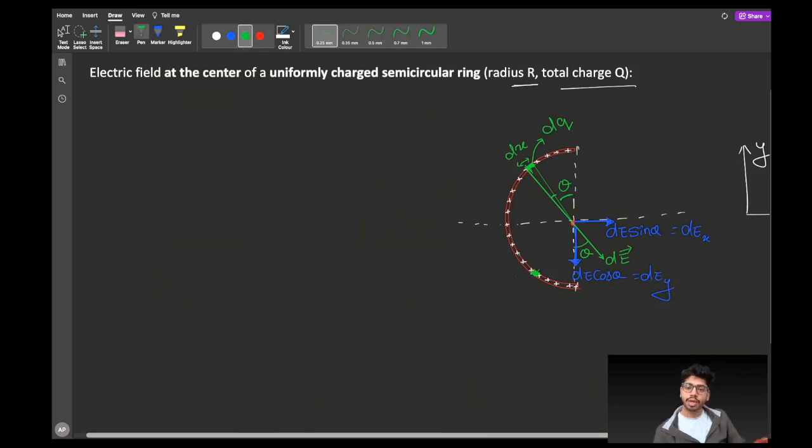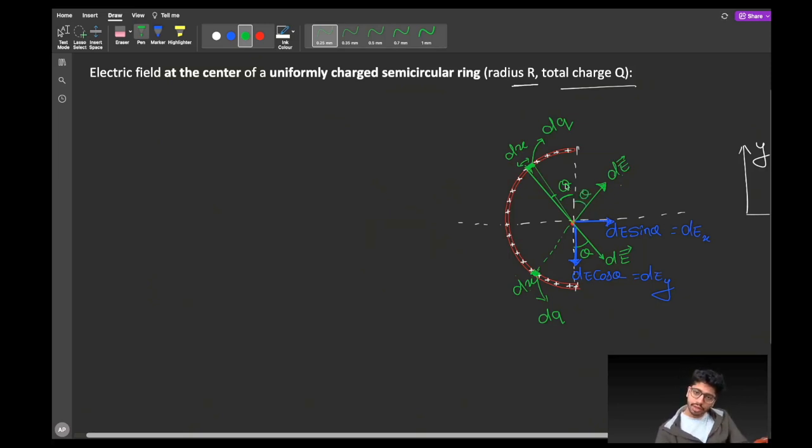Applying a similar idea, suppose this is the same angle. I take the dx element here also with the dq charge. Due to this, the electric field component will be like this at the same angle. The radius r is the same and dq is the same charge, so dE, the same electric field, will be there, but in the respective direction.